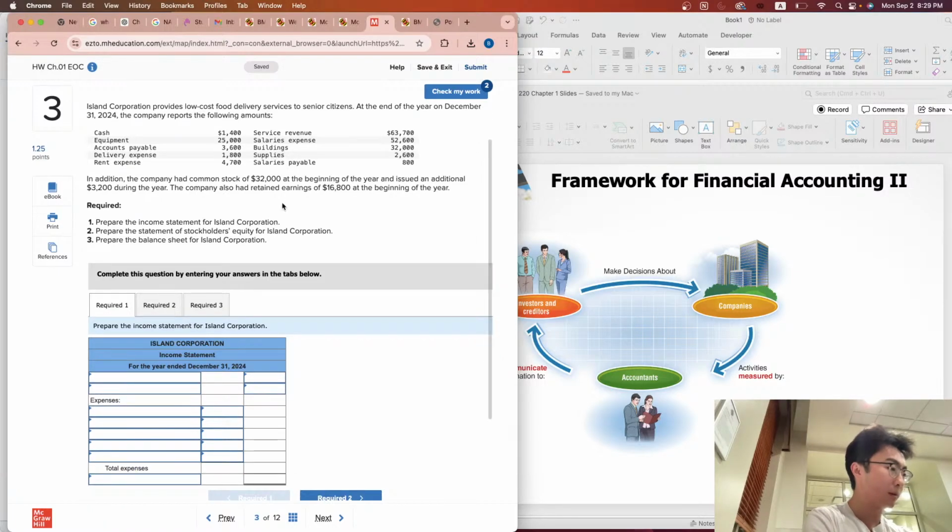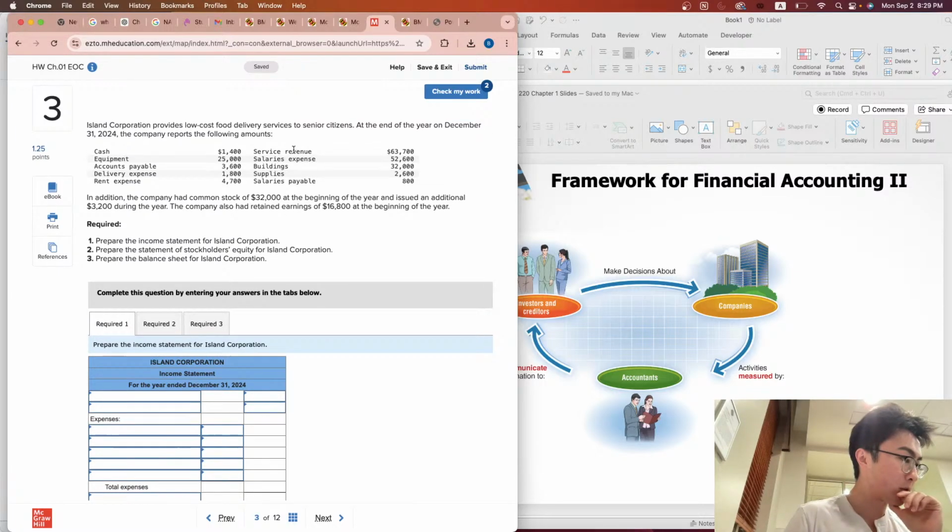Following amount addition, the company has common stock of 32,000 at the beginning of the year and issued an additional 3,200 at the end of the year. Okay, income statement. So this should just be service revenue, 600.